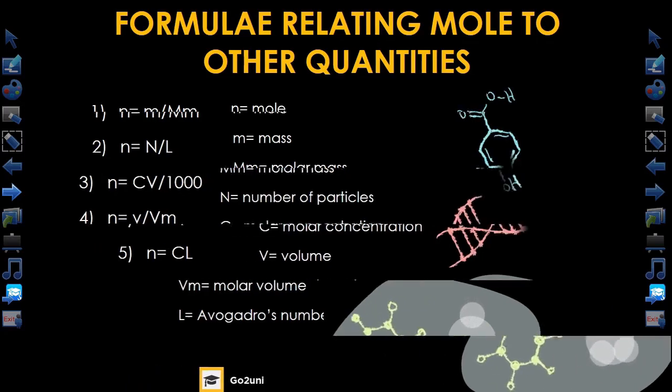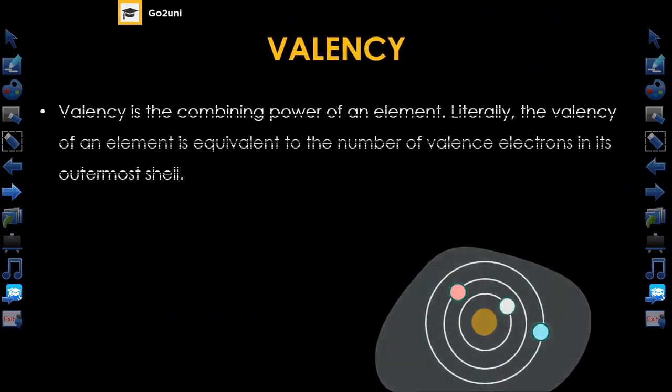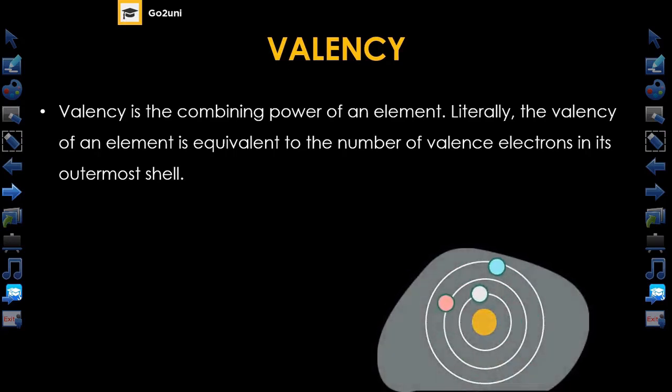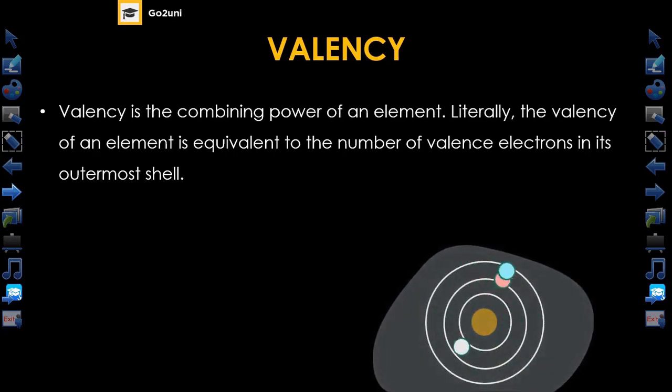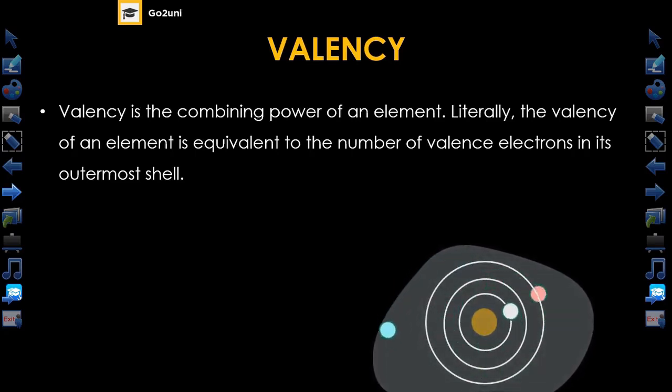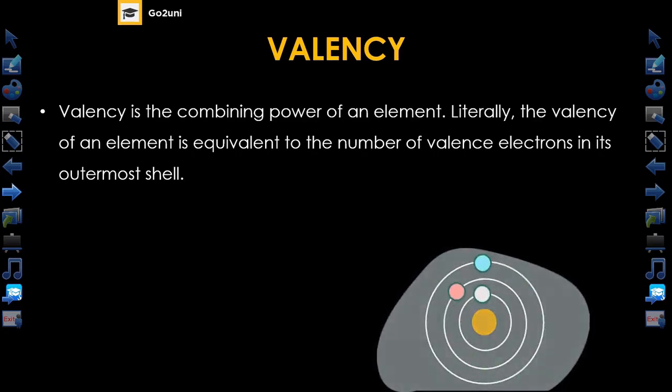Let us proceed now to discussing valency. Talking about valency, we have heard of this word in our previous videos. Let us recall again that valency is the combining power of an element. That is to say, the valency of an element is equivalent to the number of valence electrons it has in its outermost shell.